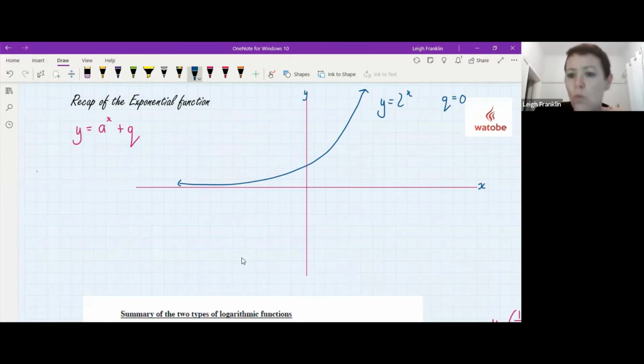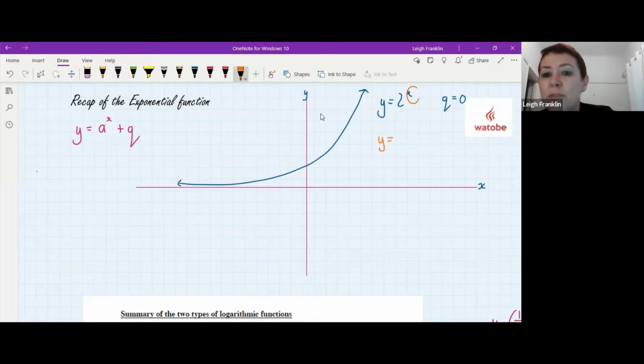But I want to ask you why. Why is it not possible for this graph to touch the x-axis? Does anybody know why? x keeps getting smaller and smaller off to the left-hand side, but it'll never, ever reach 0. Why does that happen? What's the reason for that? The reason is because it does not matter what you make your exponent.